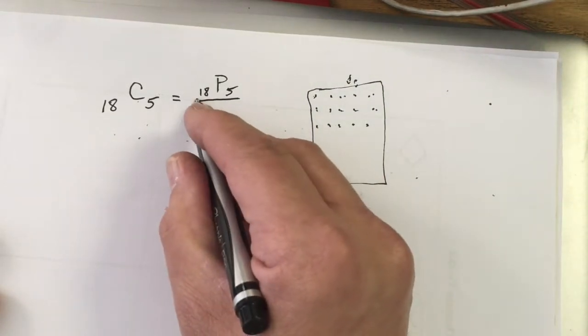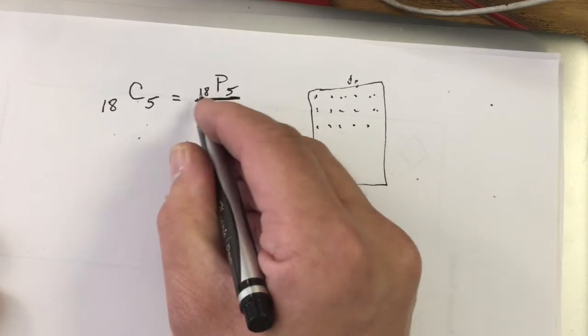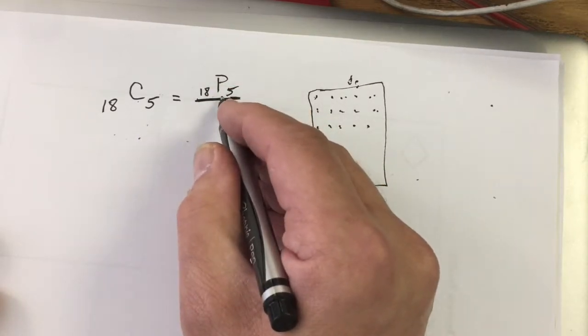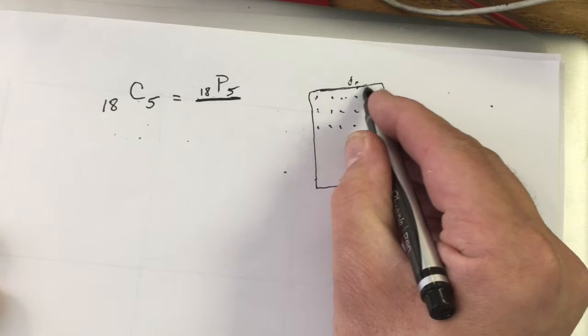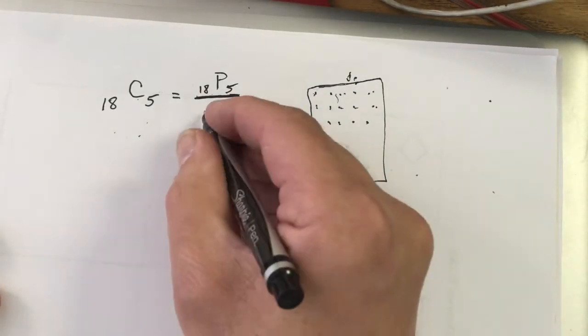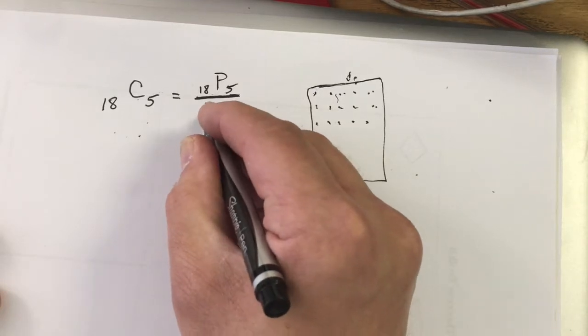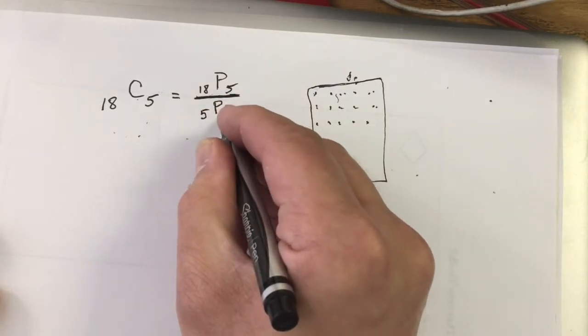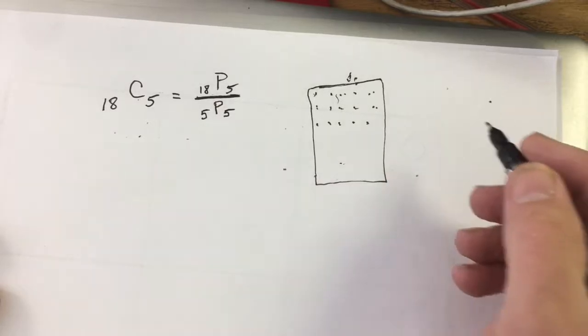So in order to deal with that, I have to take this number and divide it by how many different ways I can change the order of 5 things. That's 5 things where order matters, and I'm choosing 5 of them.